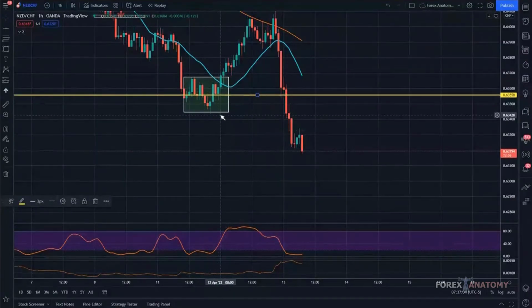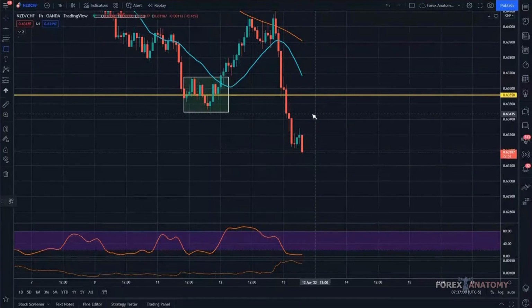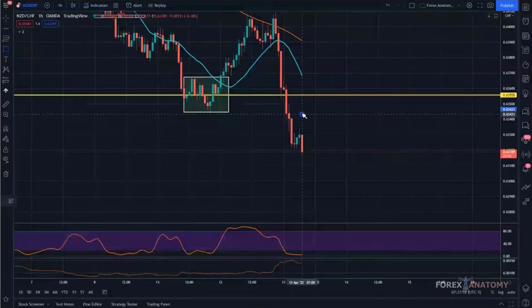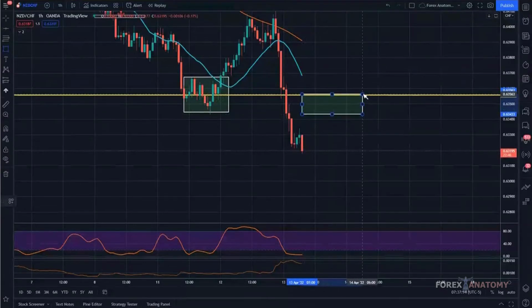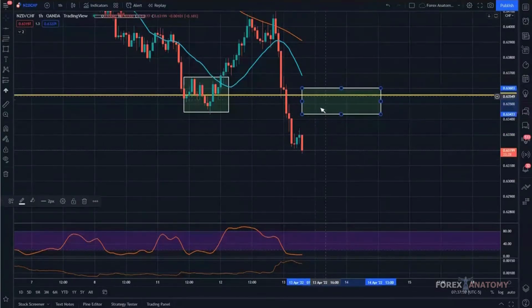Well, I think we're good right here. I could just draw this in. We're just going to draw in this zone from the low all the way up to this area right here, which is around 63.56. Let's do 4 pips above that. Let's do 63.60 just to stay with the whole numbers. All right, so 63.60.